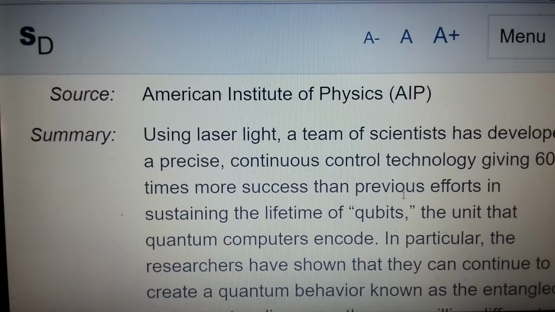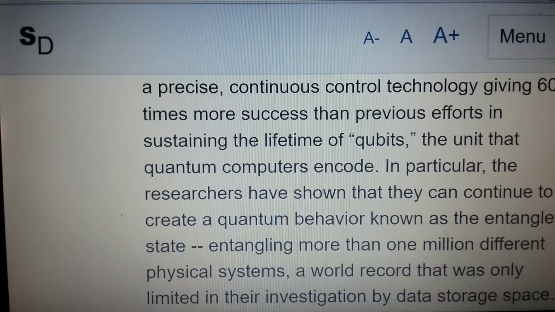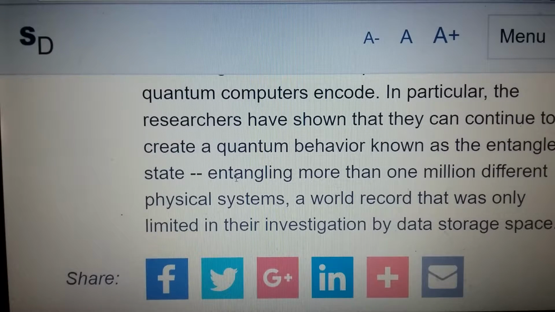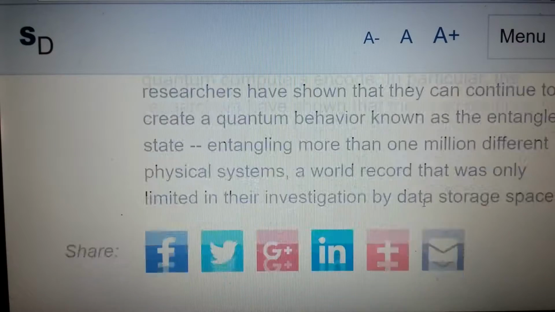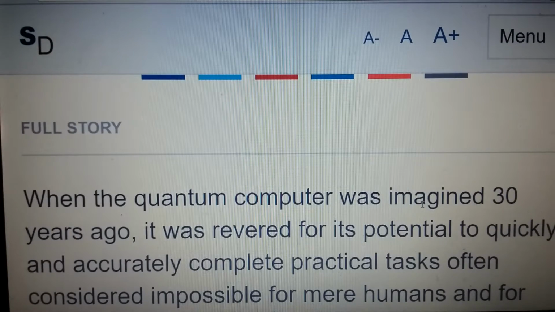Using laser light, a team of scientists has developed a precise continuous control technology giving 60 times more success than previous efforts in sustaining the lifetime of qubits, the unit that quantum computers encode. Okay, a qubit is the unit that quantum computers encode. In particular, the researchers have shown that they can continue to create a quantum behavior known as the entangled state, entangling more than 1 million different physical systems, a world record that was only limited in their investigation by data storage space.